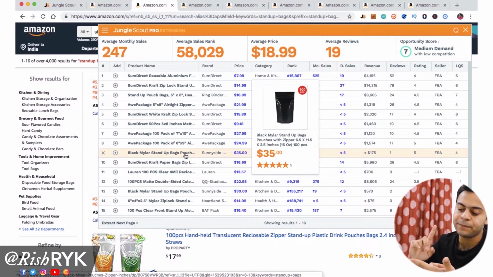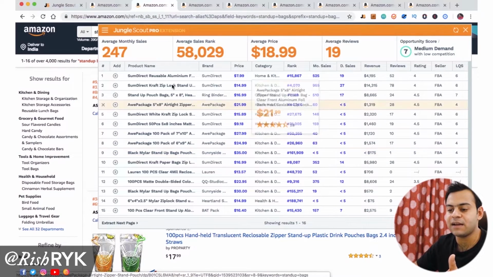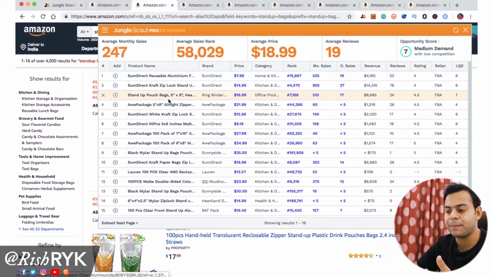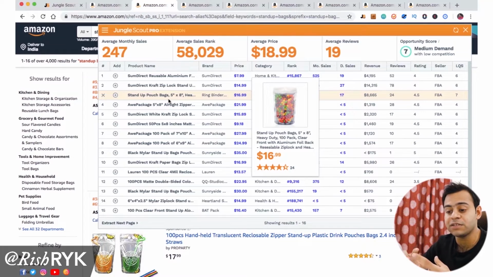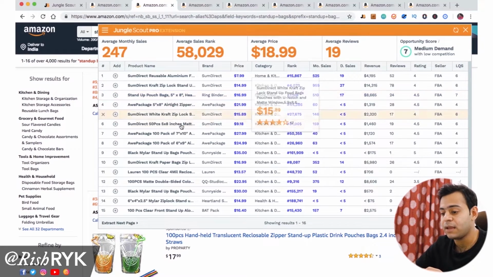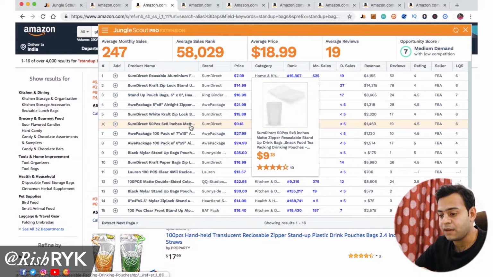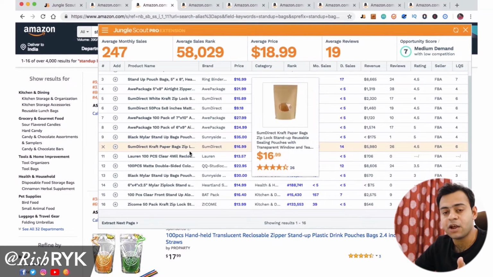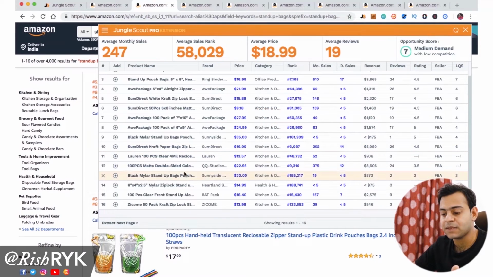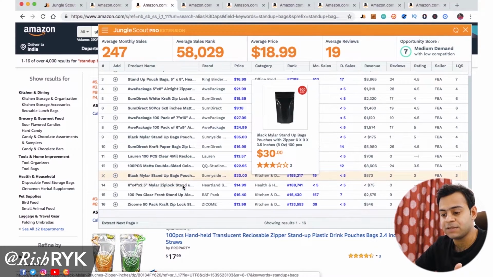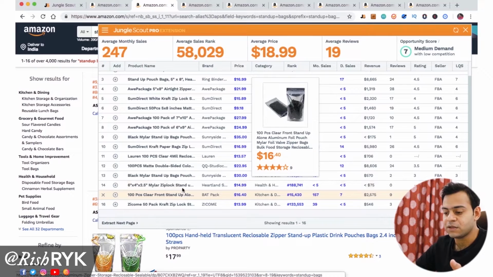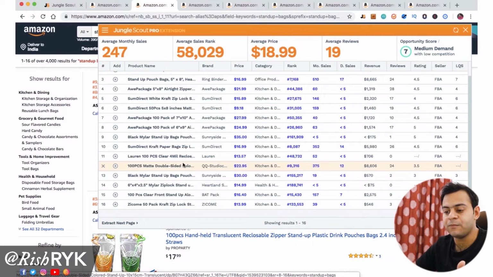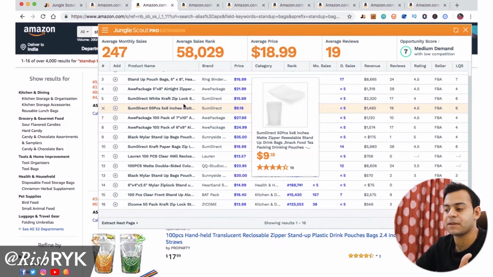It could be because of the different product sizes, because it's a bag. It could be because of the different package quantity, because I see there are individual bags as well, and there are bags which come in a set of 100, and there are bags which can probably be used multiple times, and there are also bags which are basically just use and throw ones. So I believe the expensive ones usually would be the ones which can be used multiple times.